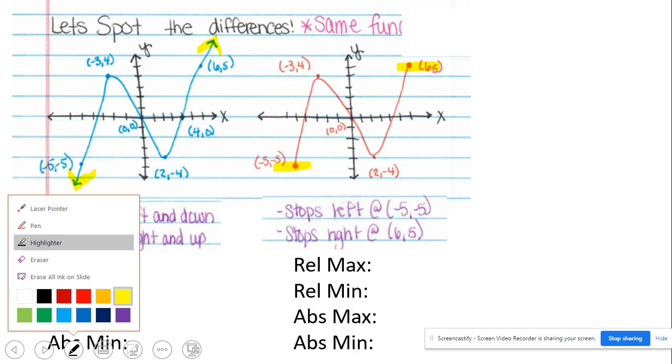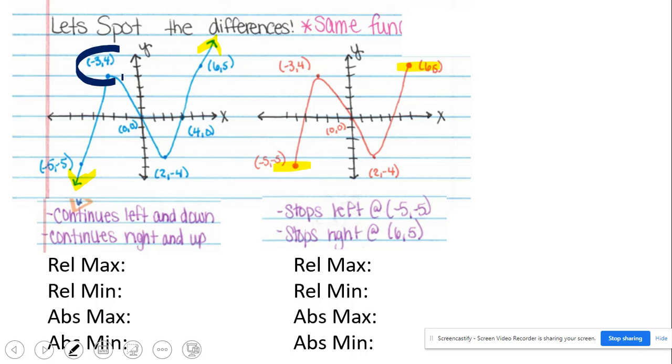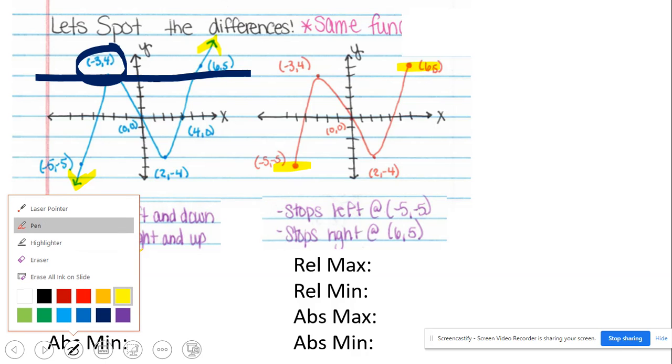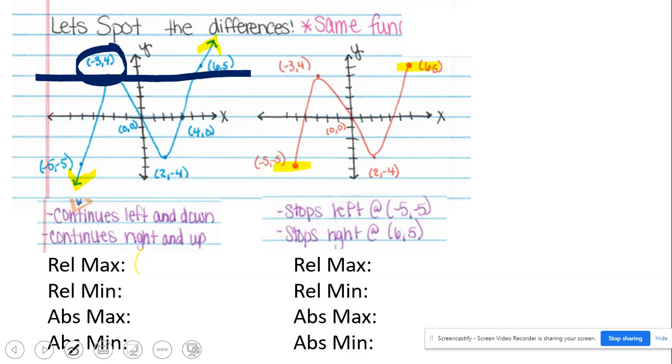So the obvious top should be -3, 4. It's not the top of the graph because there's parts of the graph that's higher than it. So it would be a relative max at -3, 4. Let's get that in here, -3, 4.